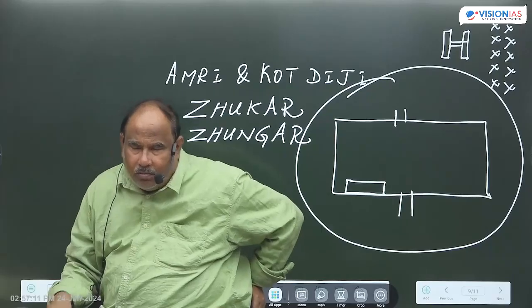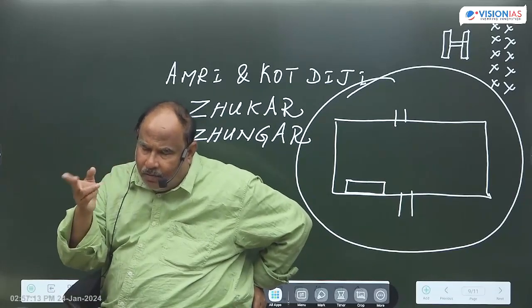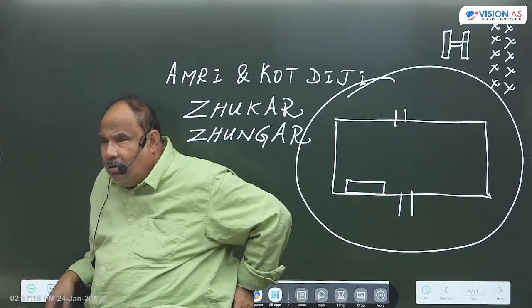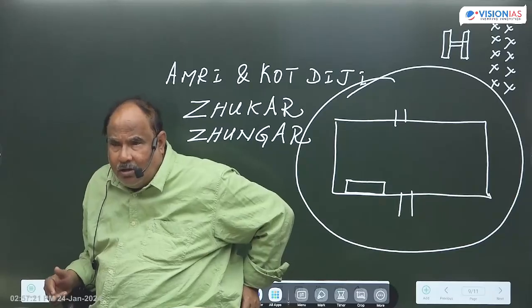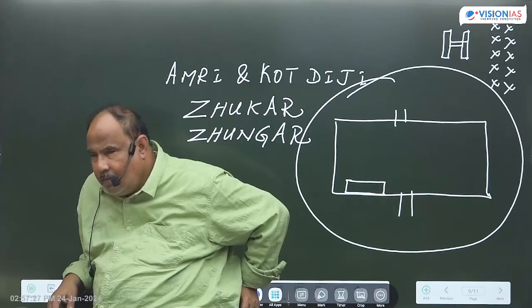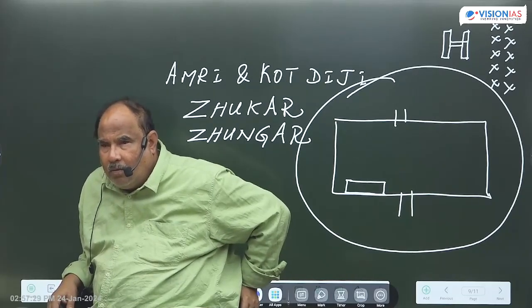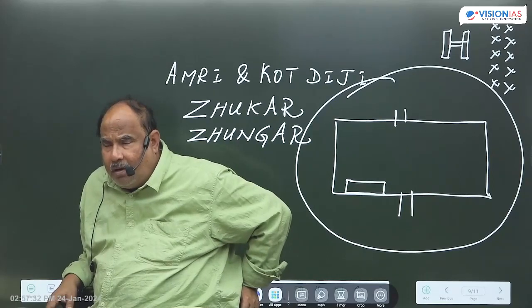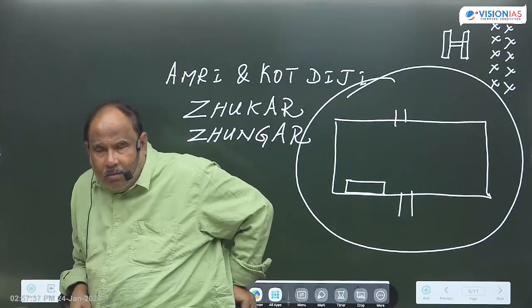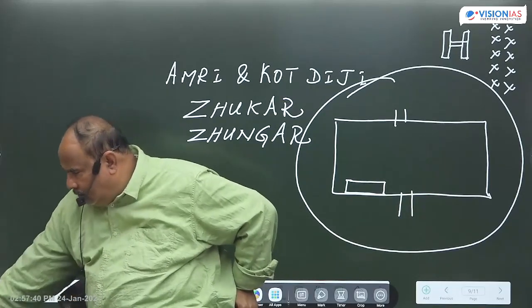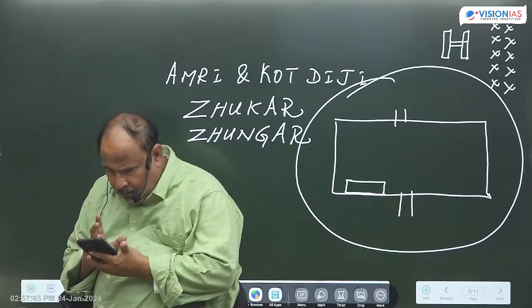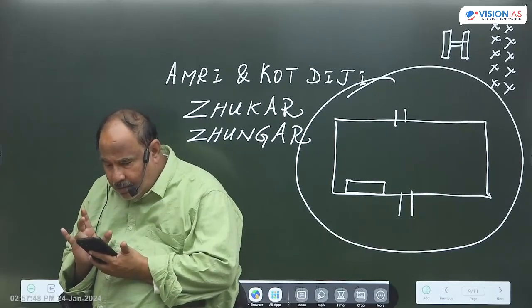That means 2 rows. 12 granaries were found in 2 rows outside the citadel. Hence Harappa is called the City of Granaries. Full stop.